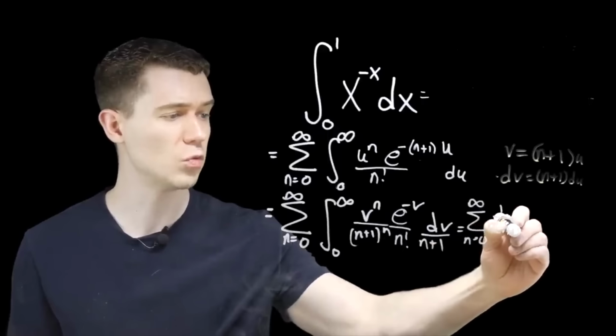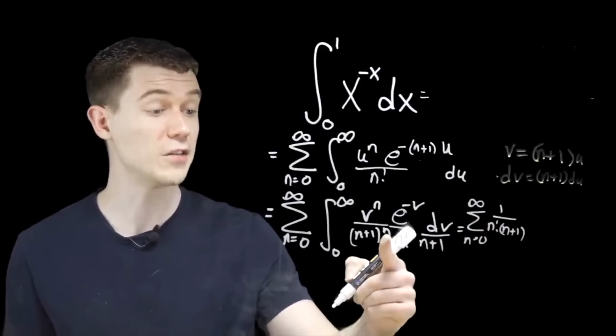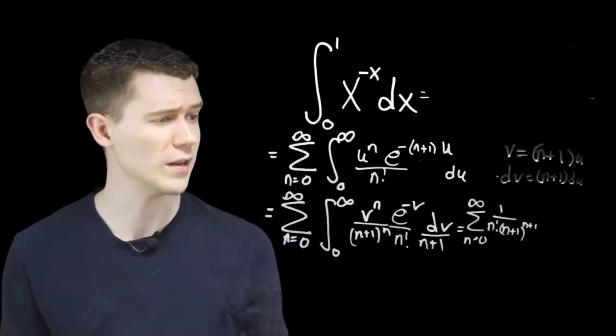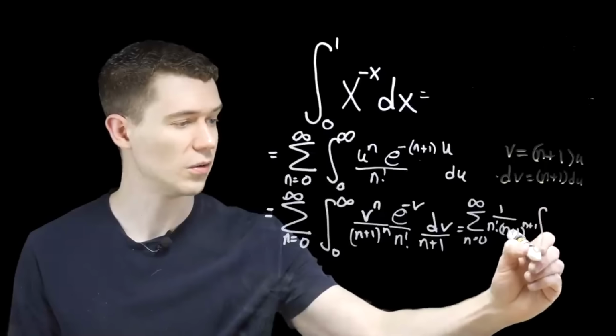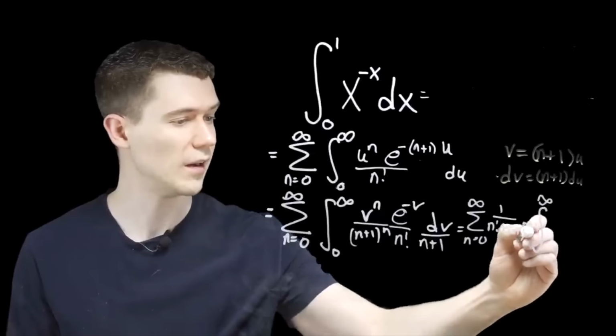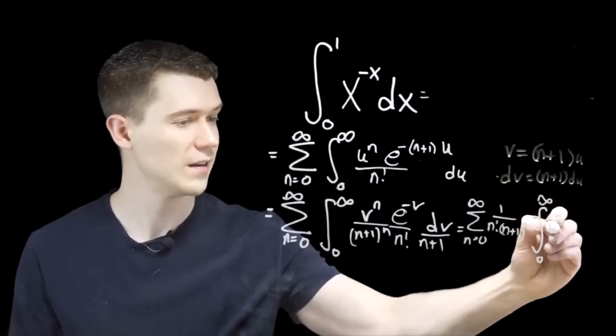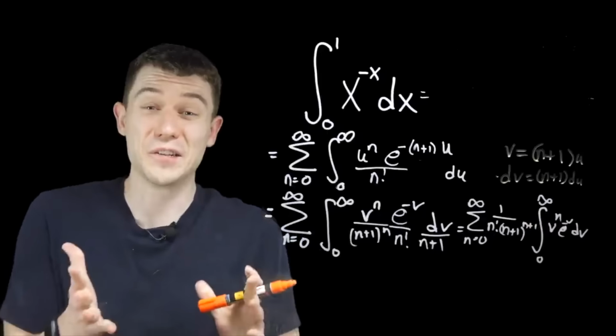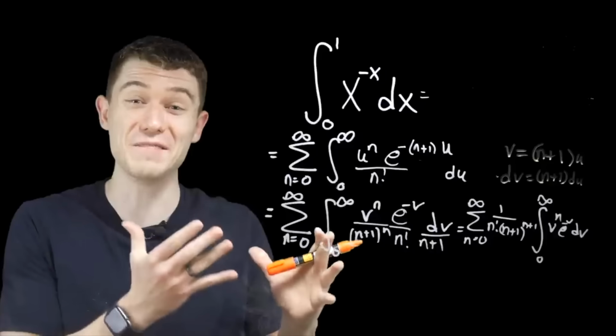We'll have an n plus 1, it was already to the power n, bump it up by 1, this will be to the n plus 1, times this integral from 0 to infinity of v to the n e to the minus v dv. And so finally, another piece of magic.